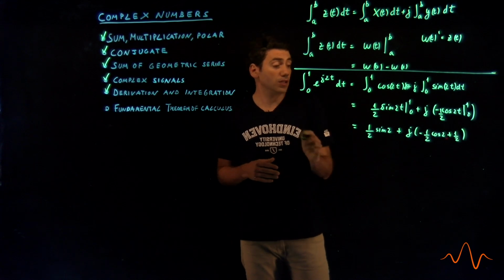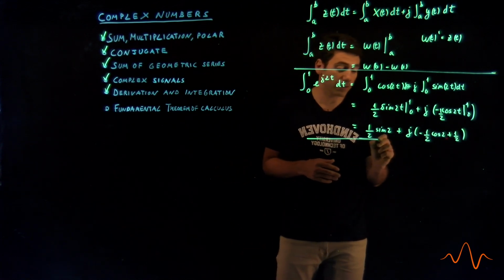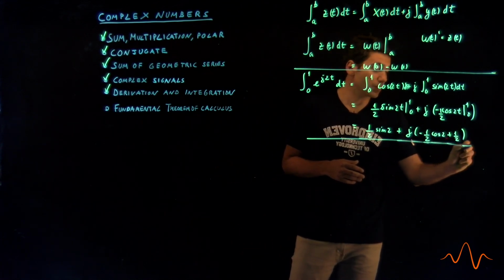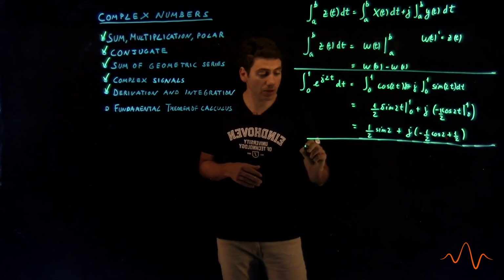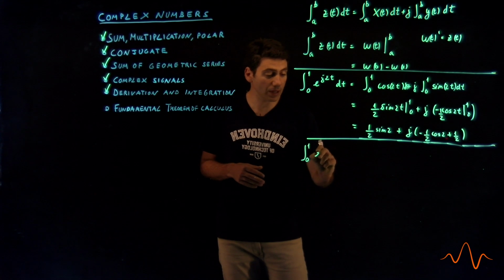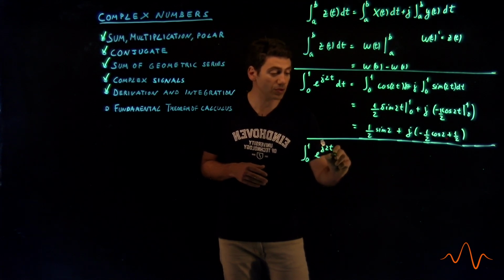Now we can use the other formula. We can compute it with the fundamental theorem of calculus for complex signals or functions, and we can try to figure out a function whose derivative is e to the power of j 2t.